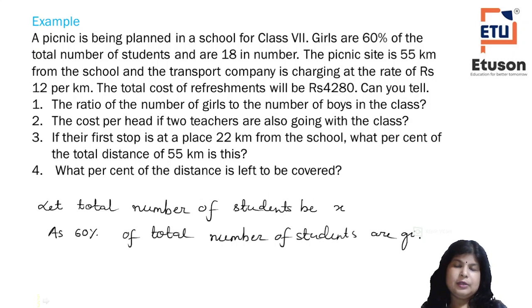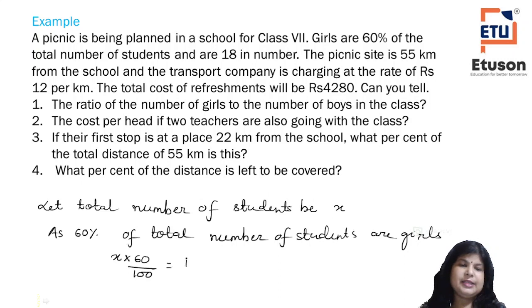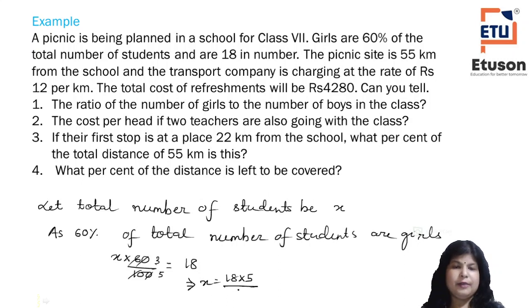That means when expressed in terms of an equation, what you get? x into 60 percent, that means 60 by 100, is equal to 18, correct? So from this you can find out that x is equal to 18 into 5 divided by 3, right?